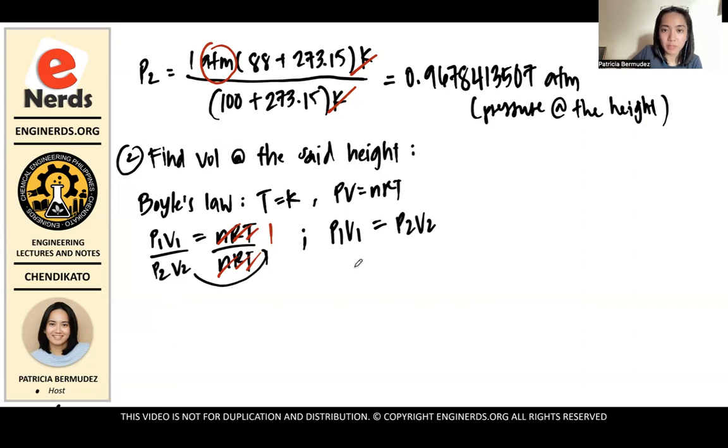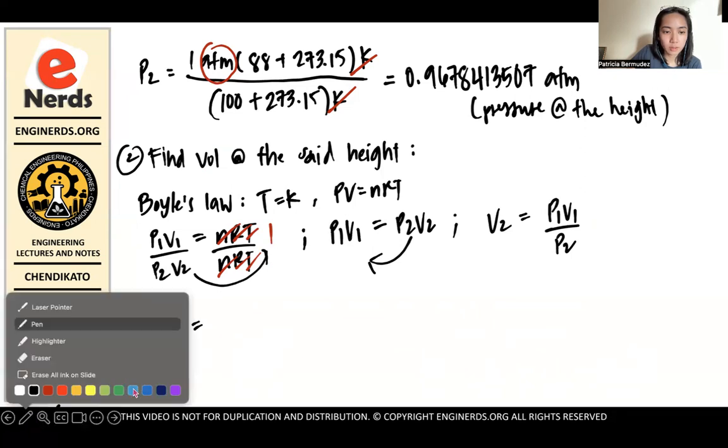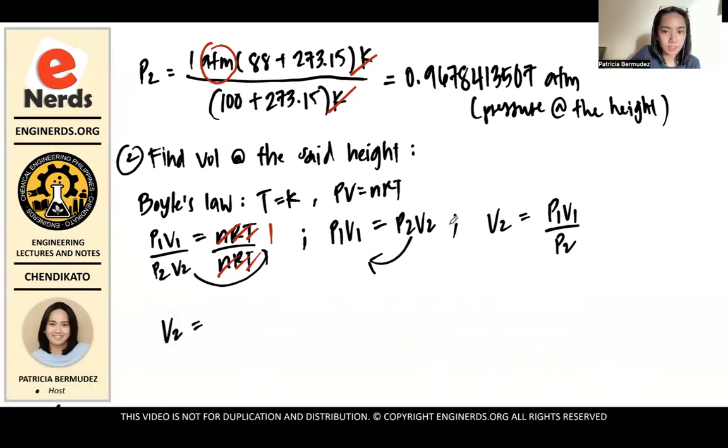So now, ang hanapin na lang natin is yung V2. So V2 is actually equal to P1 V1. Itong P2, lagay natin sa denominator, bring it underneath. So, ayan. So yung V2 natin then becomes yung P1, which is the pressure at sea level.